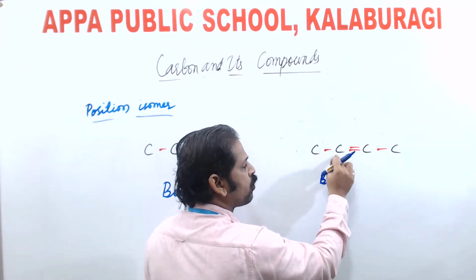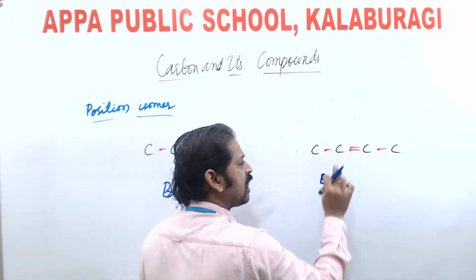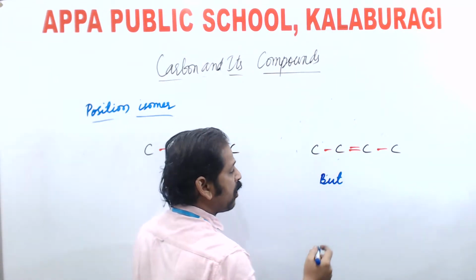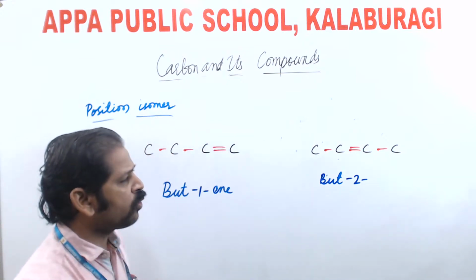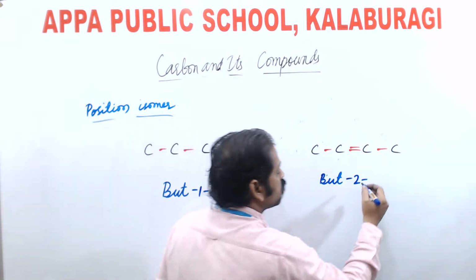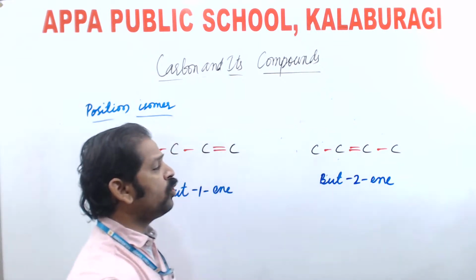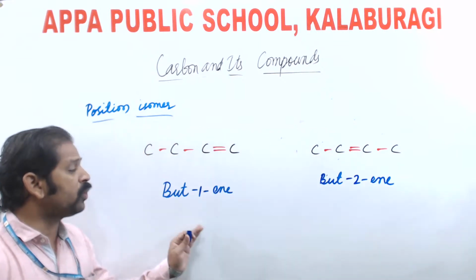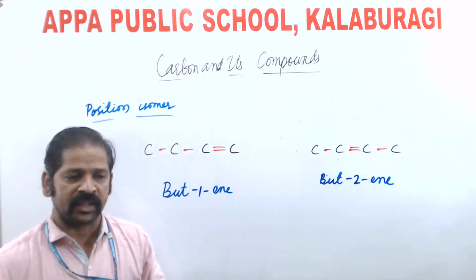If you count 1 2 3 4 or 1 2 3 4, after the second carbon only we are having the double bond. But-2-ene, the double bond is there, so it is but-2-ene. But-2-ene, but-1-ene, position is mentioned.